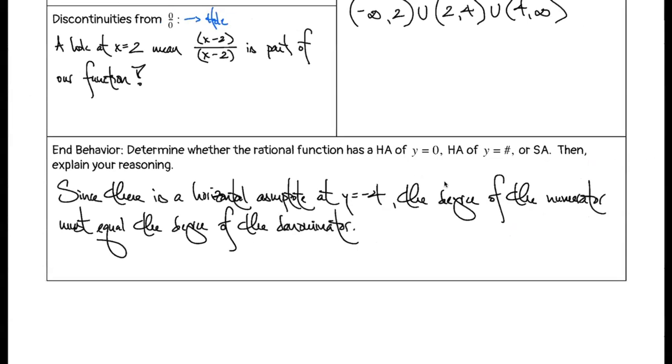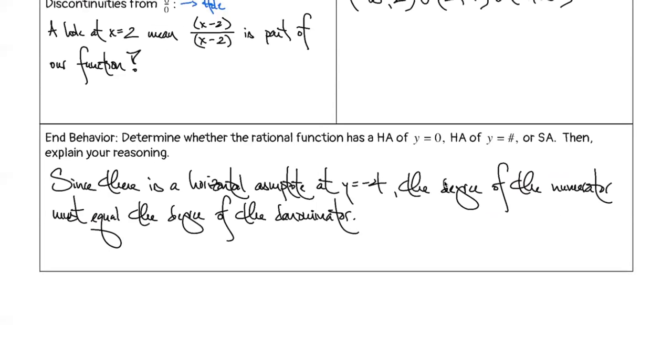Okay, so again, we're sort of working backwards here, right? We know that if the degrees are equal, we're going to have a horizontal asymptote of y equals some number. Well, what that means is that if we get a horizontal asymptote at some number, then the degrees must be equal to each other, right?